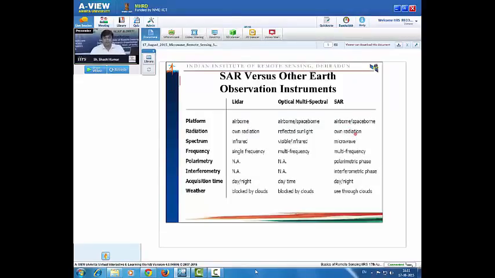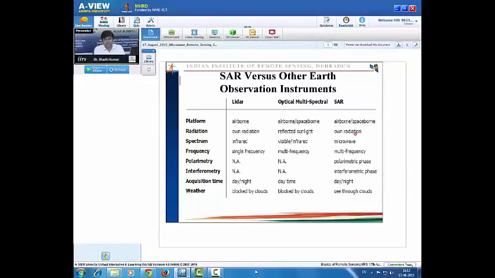Here there is a comparative table between LIDAR, optical multispectral, and SAR. When we are talking about LIDAR, mainly airborne LIDAR remote sensing is possible. Spaceborne remote sensing is also possible, but currently not a single sensor is available, though archived datasets from earlier sensors are available.